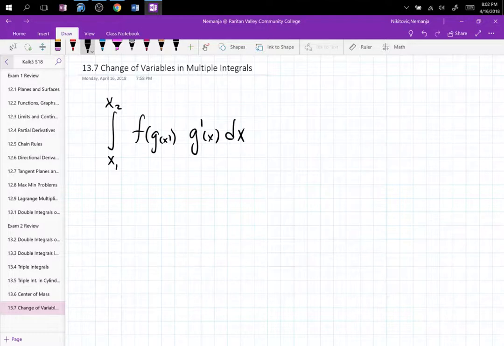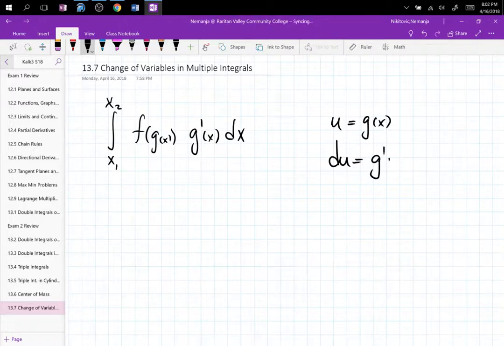And then you define the variable u as this g of x, and your du becomes the g prime of x dx. Now here comes the color. This part over here is your du, and this part over here is your u.